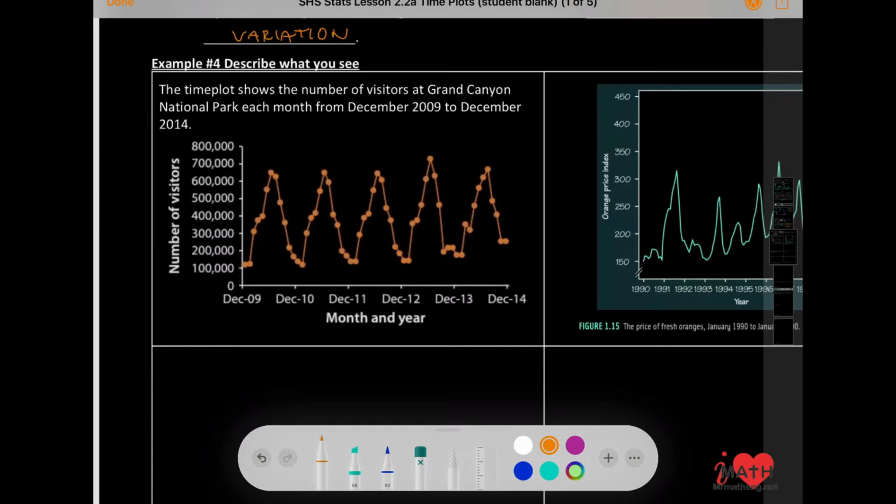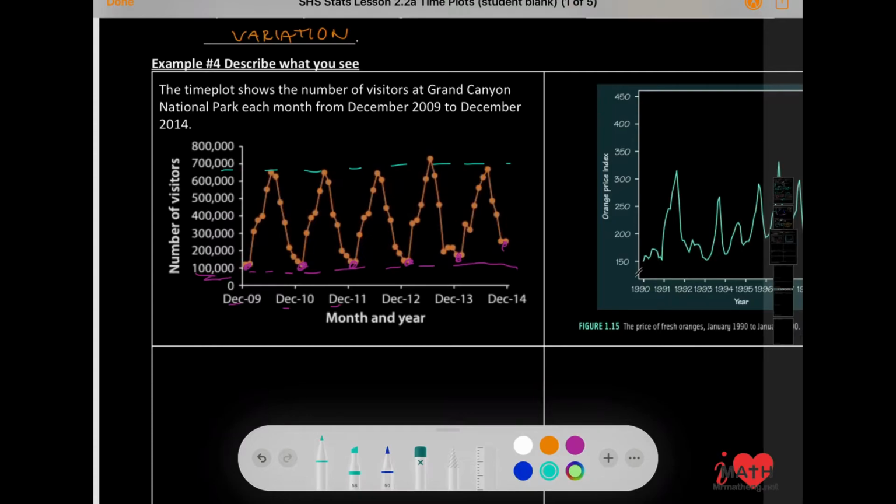Well, seems like they have December 2010, December 2011, but in December, it seems like it's the low point, right? You only have 100,000 visitors. Does that make sense? And then in the high points, you have like 5 or 6 times more.